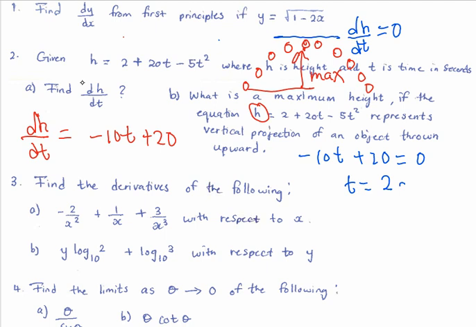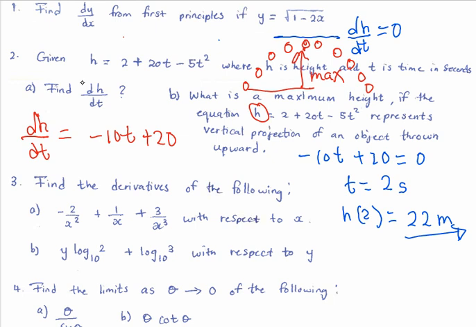Then when you substitute 2 back into the main equation, you'll find that we're going to get about 22 meters. So yeah, that is the approach, so please take note of that.